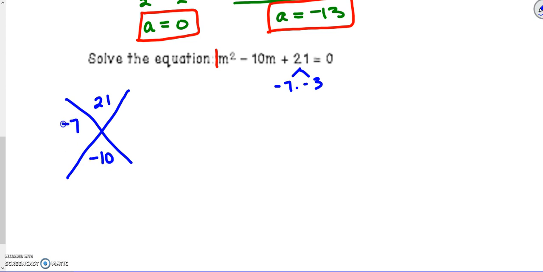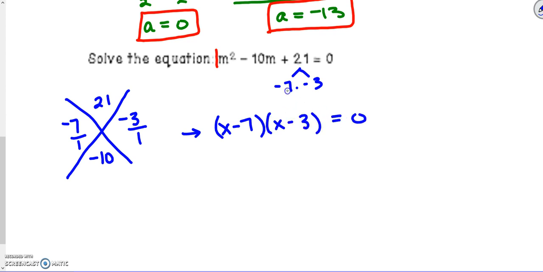So again, we would have the negative 7 and the negative 3, and then we divide these factors by the a term, which is 1. This then gives us x minus 7 times x minus 3, and then that has to equal 0. And we would have the same thing if we had done it this way. Okay? So either way works.